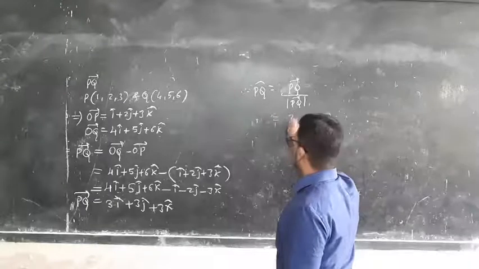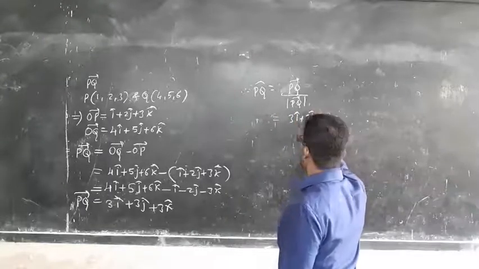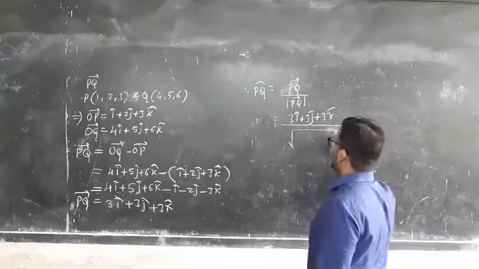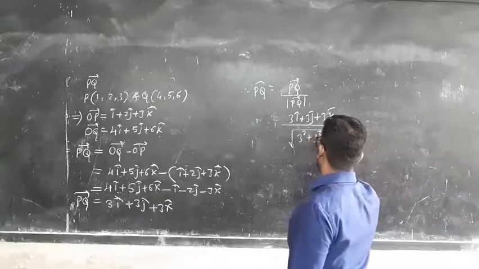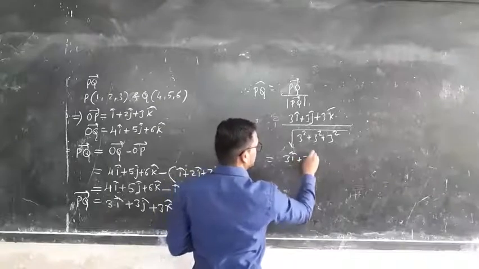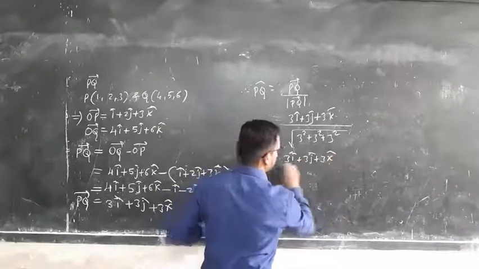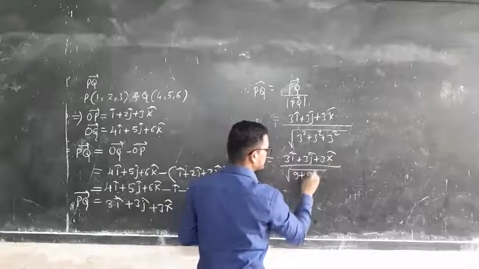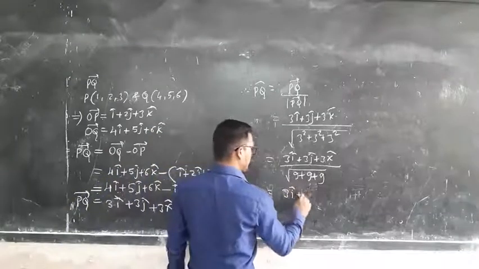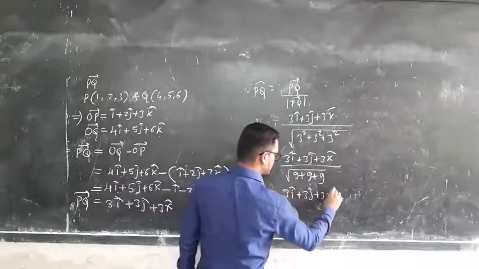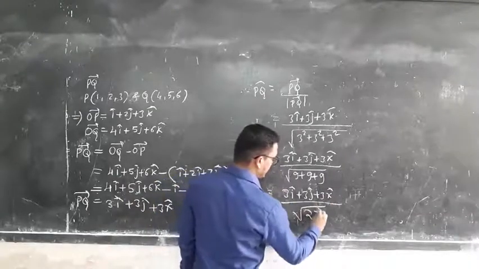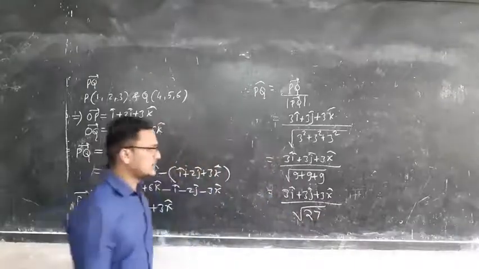Vector PQ is 3i plus 3j plus 3k divided by the magnitude, the root of 3 squared plus 3 squared plus 3 squared, which equals 3i plus 3j plus 3k divided by the root of 9 plus 9 plus 9, which is the root of 27.